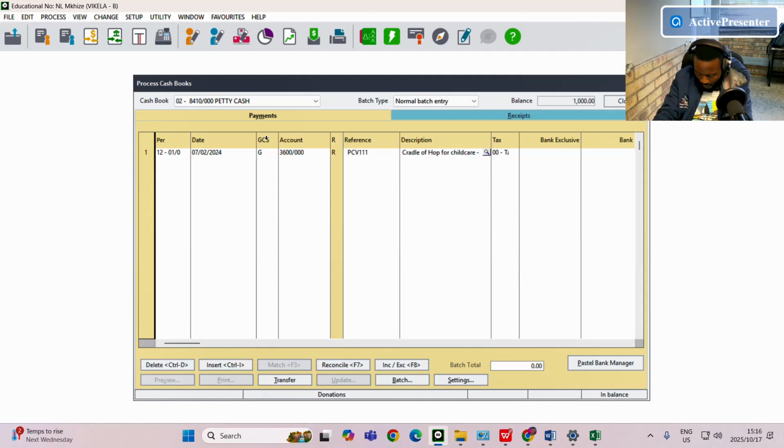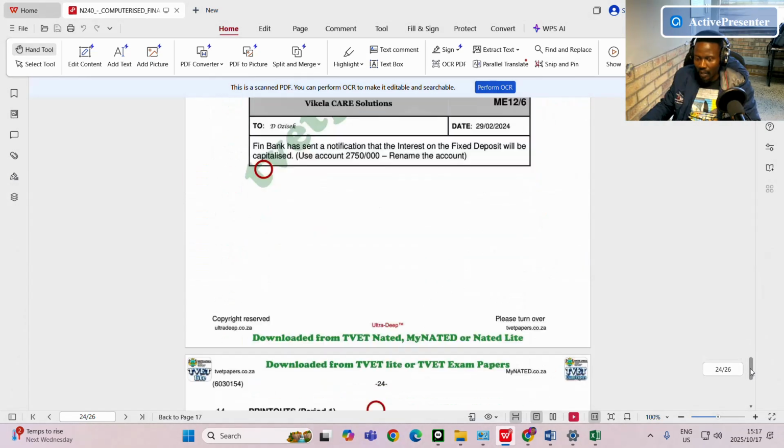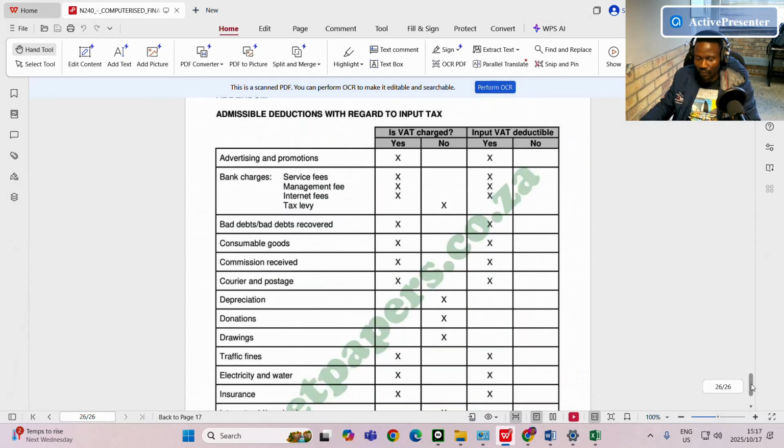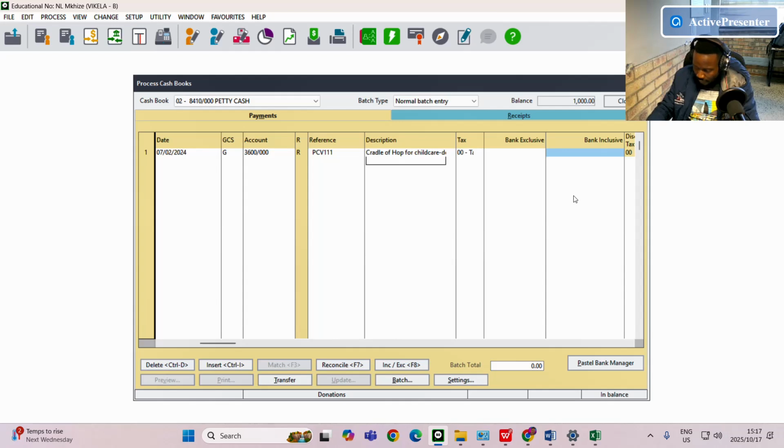It's going to be a donation. So I'm just going to write donated. Okay, there's no VAT involved, but this is where I actually look for it. There is an addendum A attached for VAT. So with donations, there's no VAT involved. So it's 250.